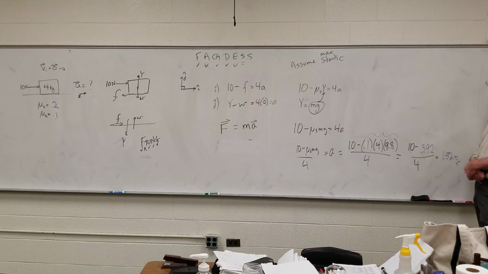The fact that it was positive told us that we had overcome the static friction. Okay. So we would need to do both pieces. One to show that we've overcome the static friction, and then one to actually show what the acceleration is. Now, on a test or quiz, you can gamble. You could go, let's just assume we're gonna overcome it, and just jump straight into the kinetic. And if you guess wrong, then well, you'll pay dearly for it.